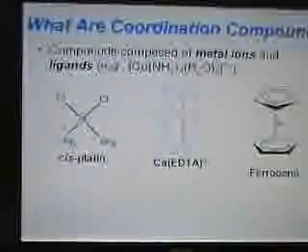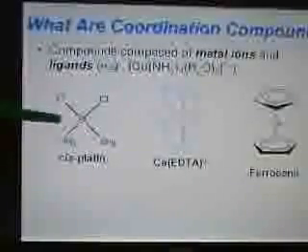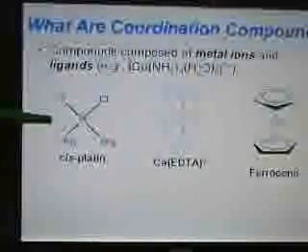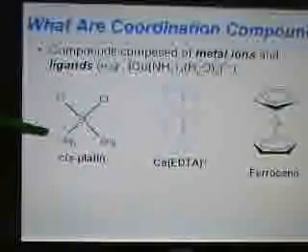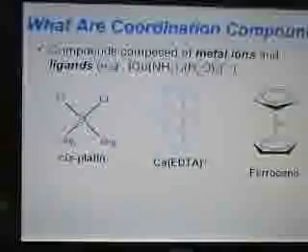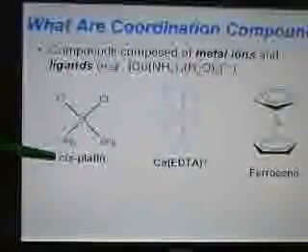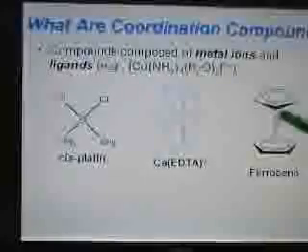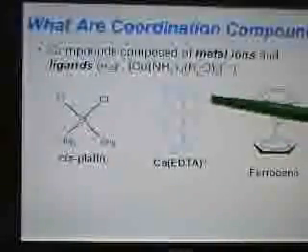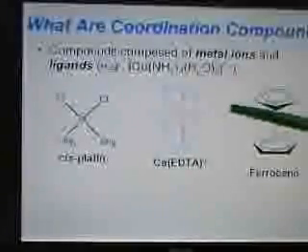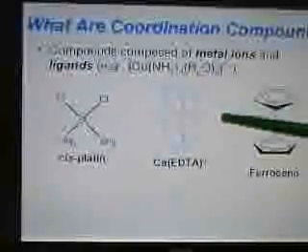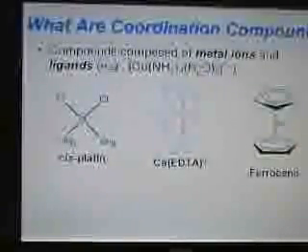In this slide, I show you three examples of coordination compounds. This is one of the most important coordination compounds. This is platinum bonded to two chlorines and, yes, two ammonias to form what's called cisplatin. In the middle example, you see calcium surrounded by this big molecule, EDTA, and it ends up bonding 6 times to the calcium cation.